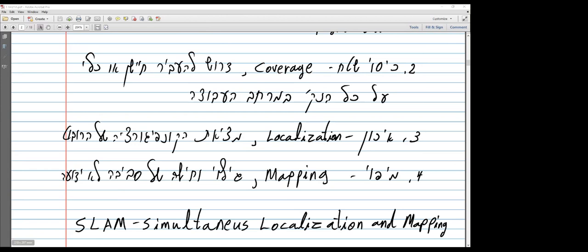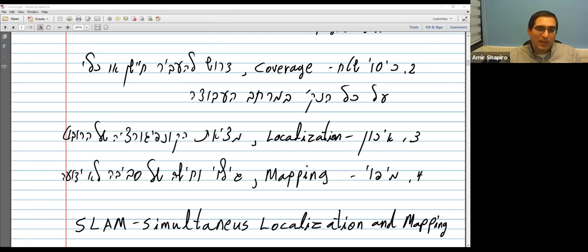Amir, I have a question. Yes. What's the difference between mapping and coverage? In mapping, you don't have to cover the entire area. You can build a map which is not full. In coverage, you usually want to pass some tool along the environment, something like a vacuum cleaner in your house, and you basically want to cover all the floor to clean it.